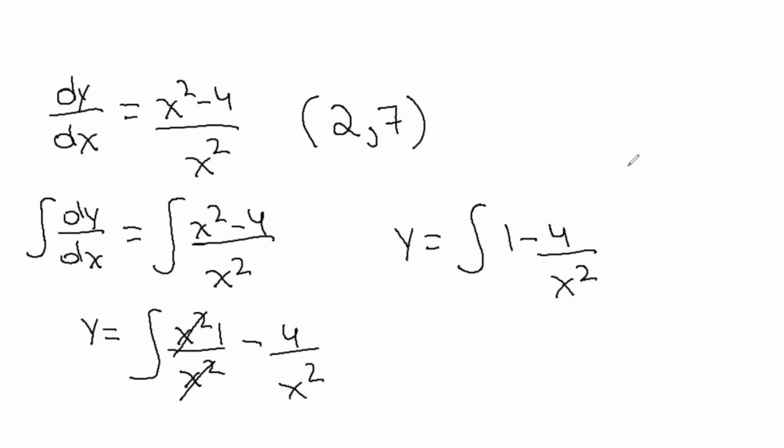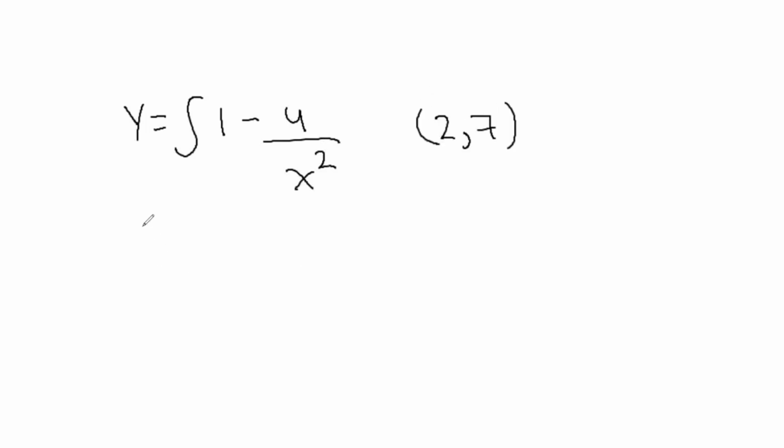So now if we have to integrate this, we have y equals integration of 1 minus 4 by x square, right? And the point is 2, 7. So we know that integration of a constant is that constant multiplied by x. So it will be 1x, which is just x.